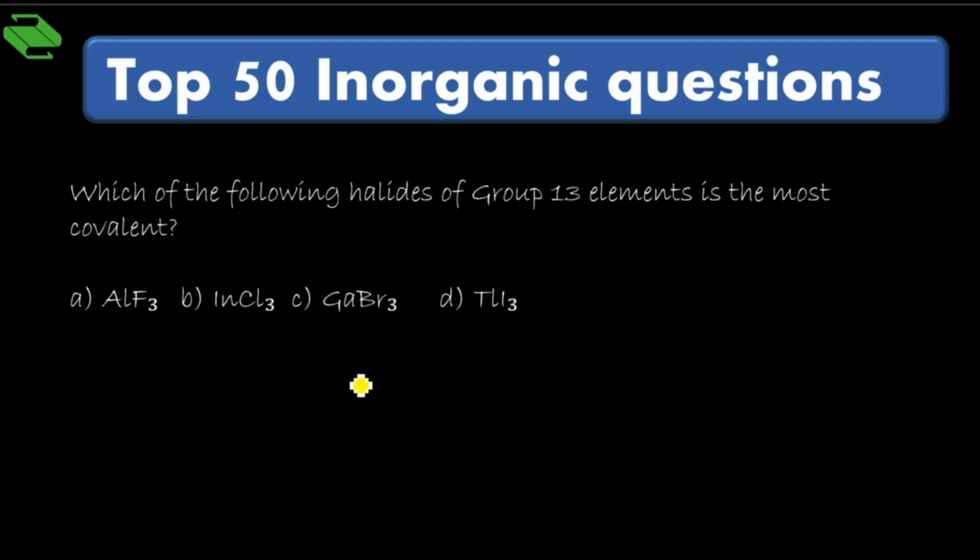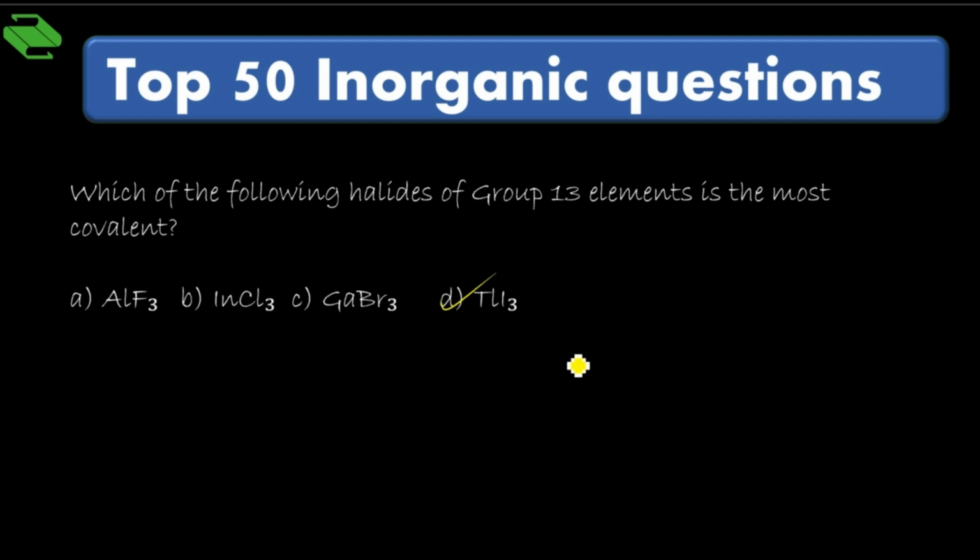And which of the following halides of group 13 elements is the most covalent? So the covalent character increases with decrease in electronegativity. If I'm moving down group 13 elements, thallium will have the least electronegativity.